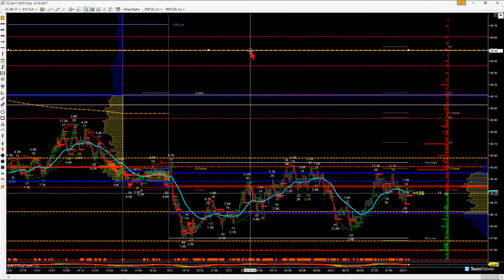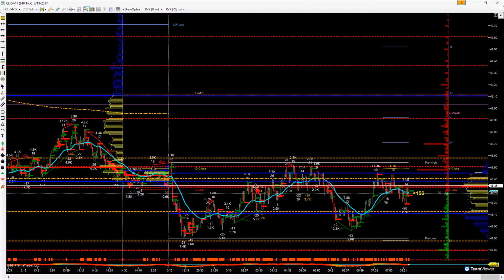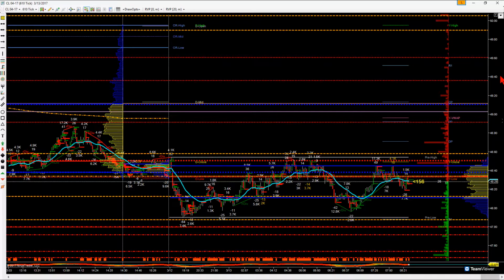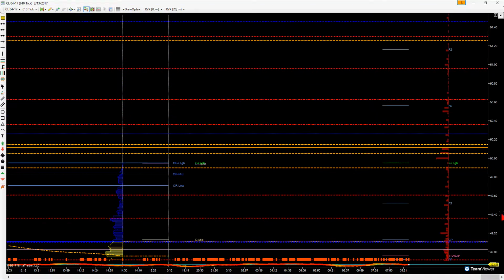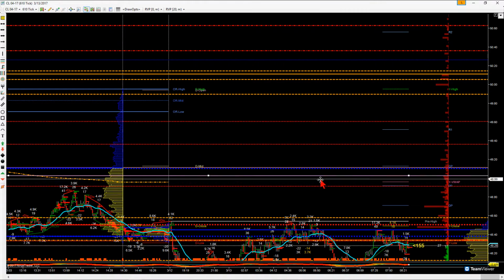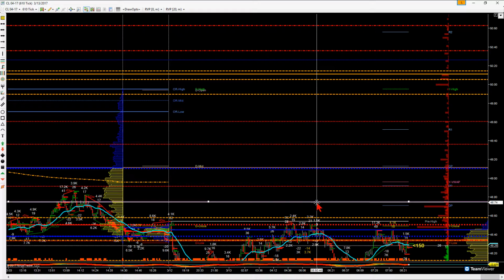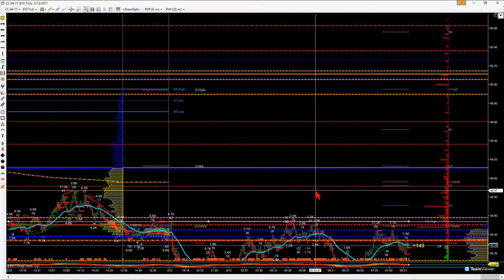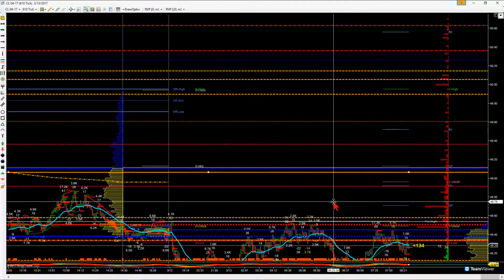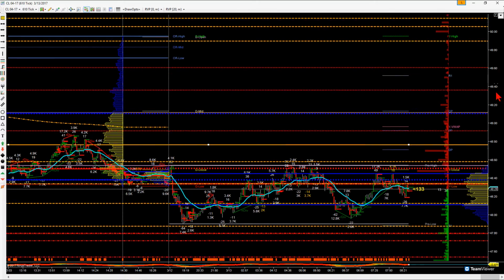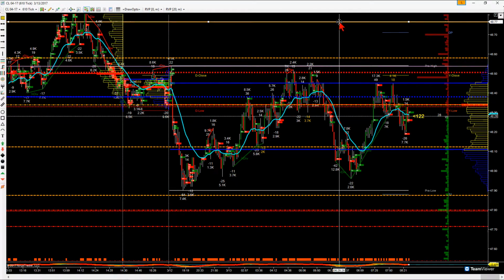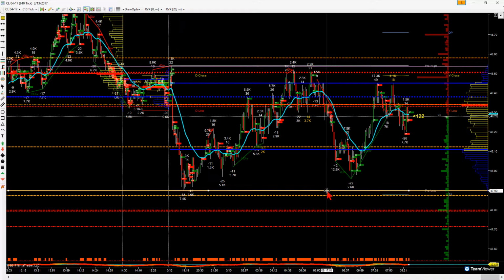Overnight VPOC to overnight VPOC. And let's find overnight high and overnight low. Okay, so that's going to put all our levels where we need them to be.